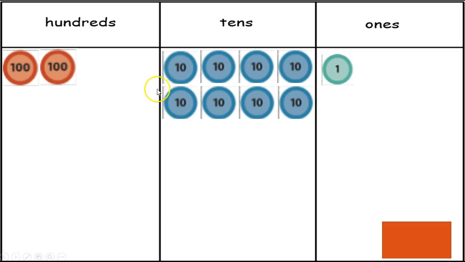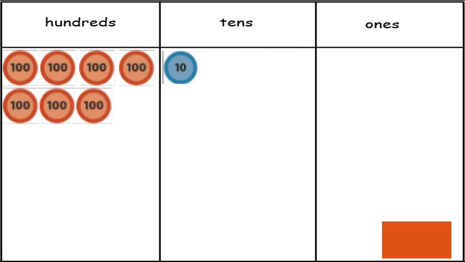So 200, 210, 220, 230, 240, 250, 260, 270, 280. Now we need to count by ones. 281. So how many do we have all together? Right, 281.